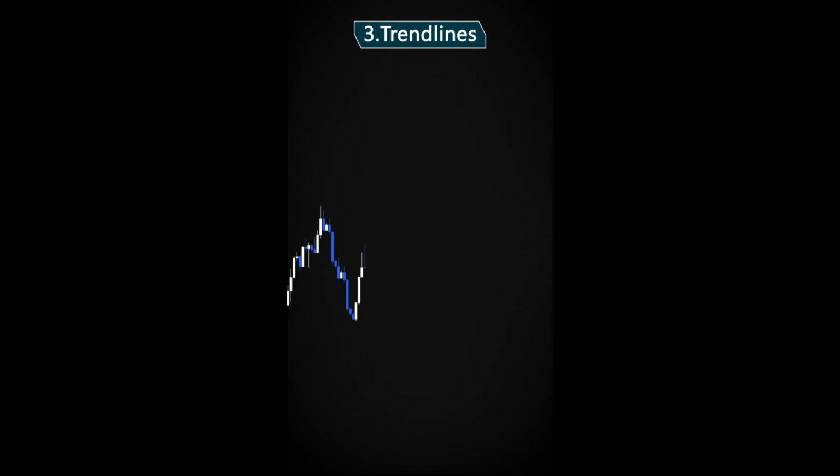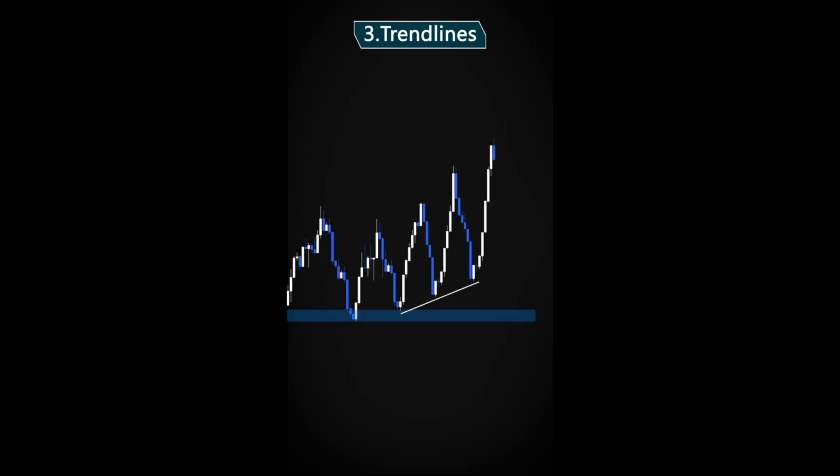Pattern 3: trend lines. In an uptrend, price forms a rising trend line by connecting each higher low. Price keeps tapping this trend line, and every touch builds trendline liquidity below it as retail traders place sell stops underneath. When price dips and sweeps below the trend line, it collects that liquidity and fills institutional buy orders.